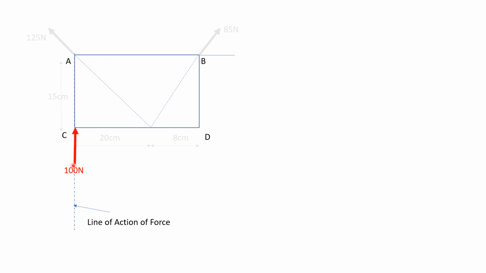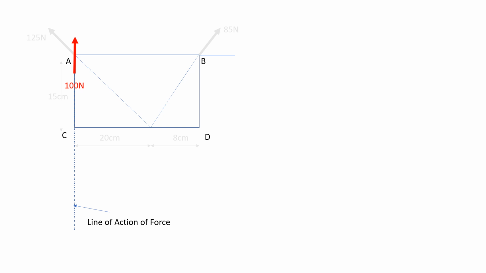Now consider this force, and this will be the line of action of the force. This force will pass through point A like this, and it will have zero perpendicular distance about point A. So moment of this 100 Newton force about point A will be equal to 0.